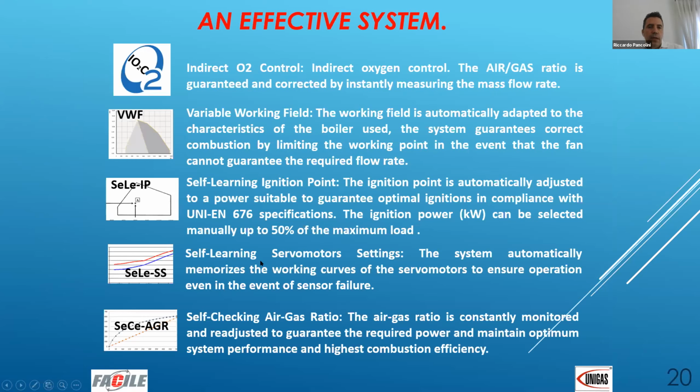So at the end it is a very smart system, which can keep the O2 level at the same value even if the environmental conditions change. The working field is auto-adaptive, based on the condition of the plant, with self-learning ignition point, self-learning servo motor settings, and self-checking air gas ratio.